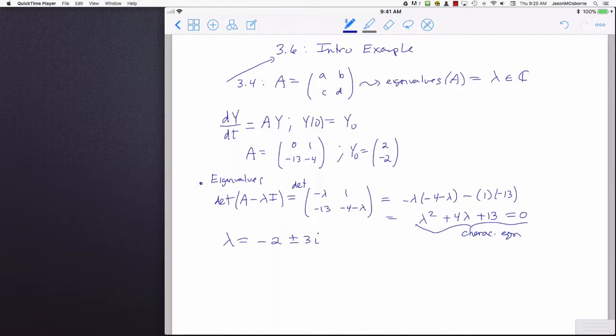Things to notice about this example are the special form of this matrix. Notice that the first row is 0, 1.